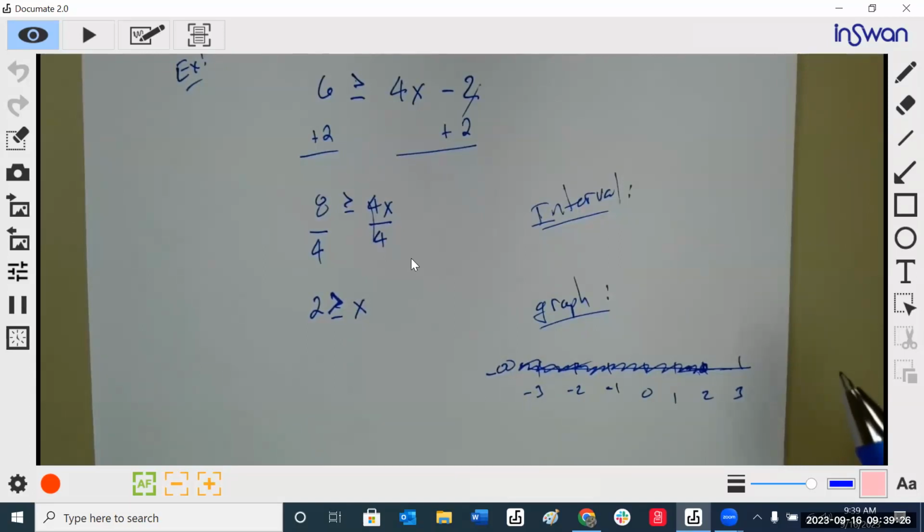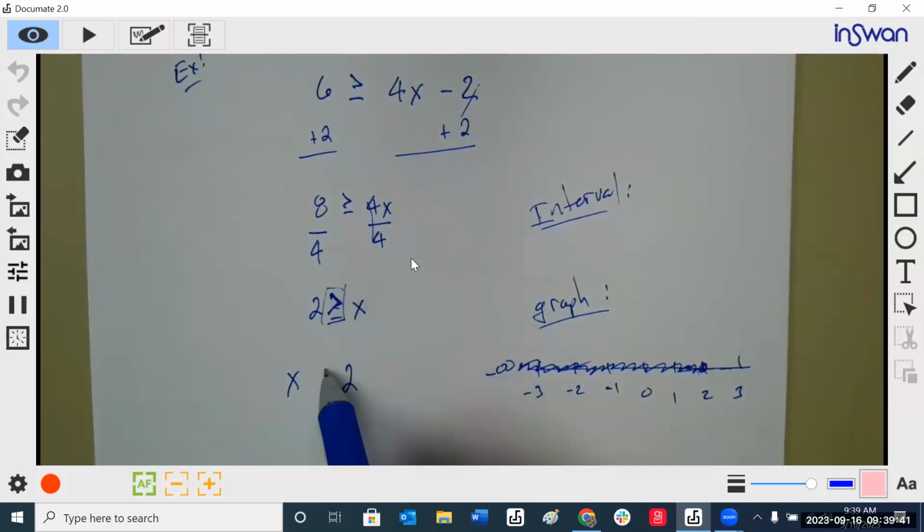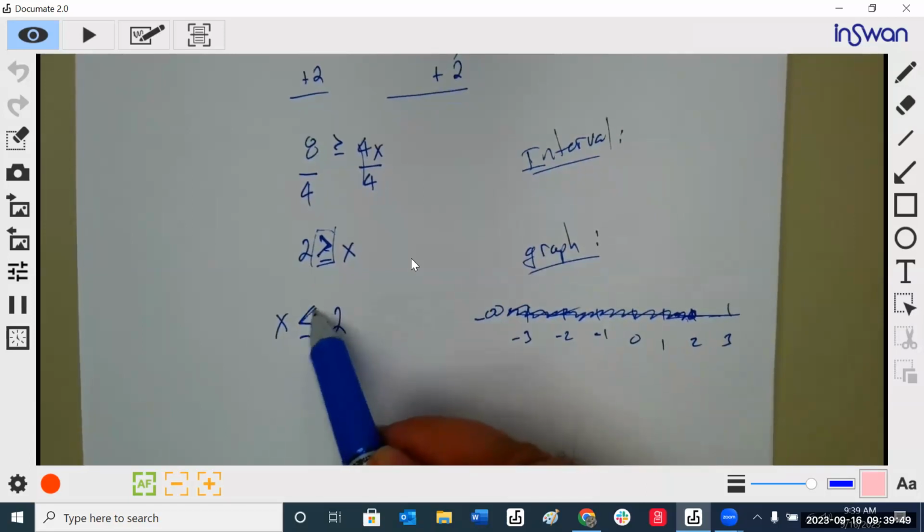No, don't doubt yourself. I mean, you might have been correct. Can we move the x to the left-hand side? If we just take this entire equation and flip it, to move the x over here, and we have the 2 here, it has to keep pointing to the x. So yes, at positive 2, it goes to the left.